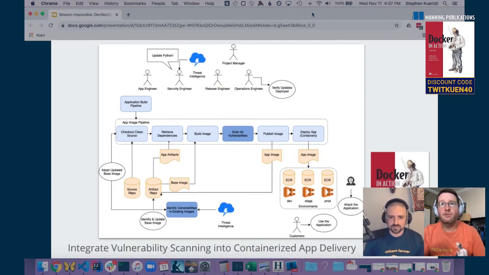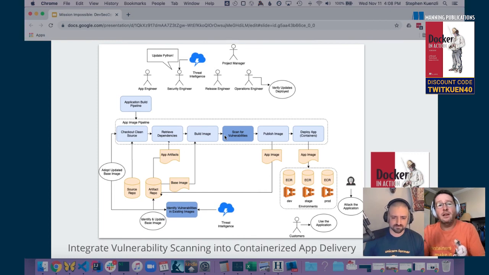The workflow generally looks like this: when you're building your application image, you do a clean checkout from source, you retrieve dependencies, you build the image with essentially docker build, and then scan it. The information you're trying to get at this point is really just an inventory of what's inside that image.